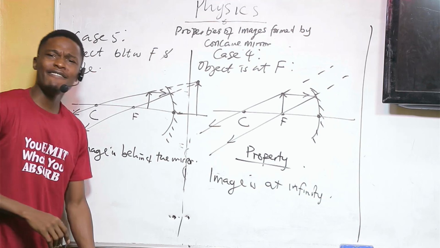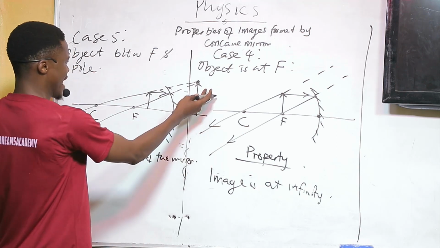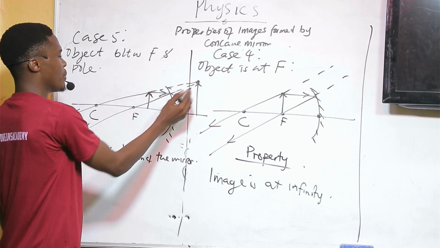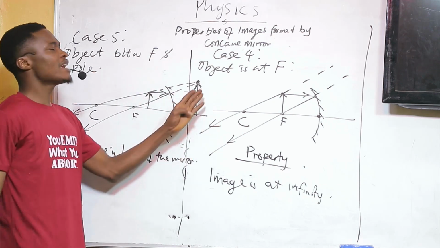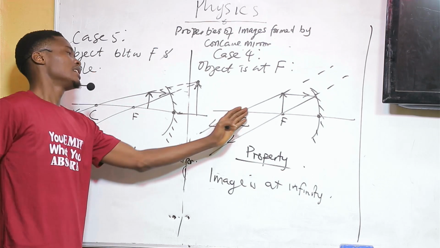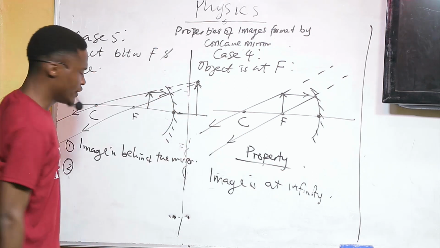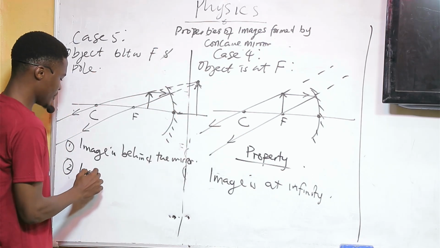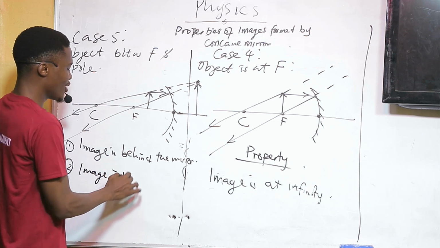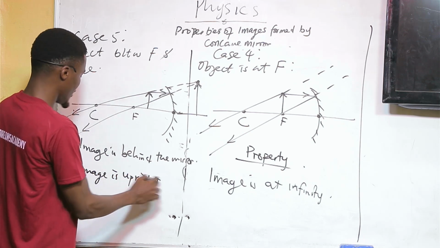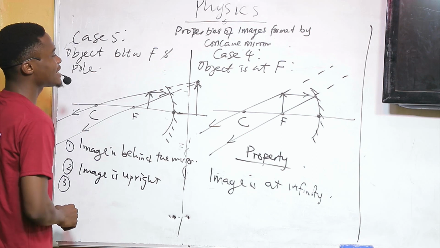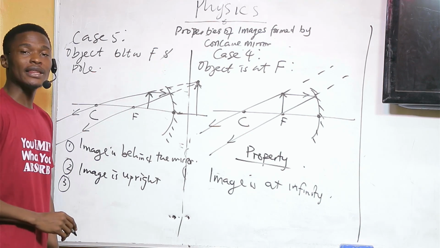Second one, is it inverted or is it upright? It is upright, of course. Look at the object, upright. The image is also upright. Why is the image upright? Because, of course, they intercepted above the principal axis. Number 3, if the image is upright, it is what now?